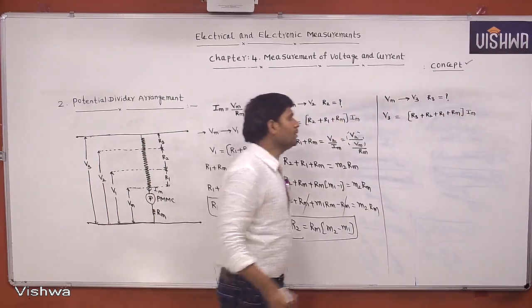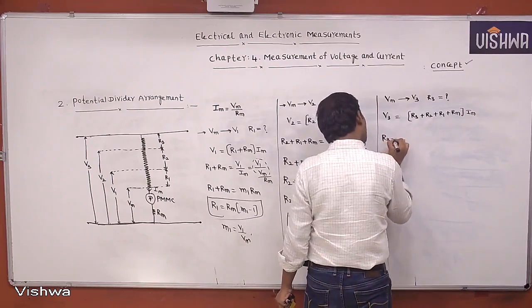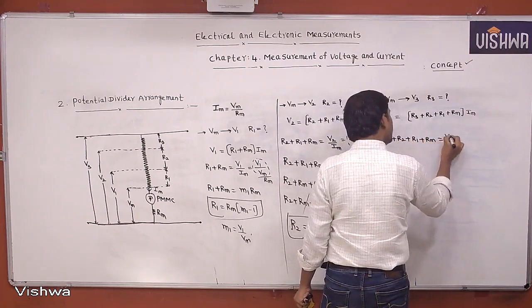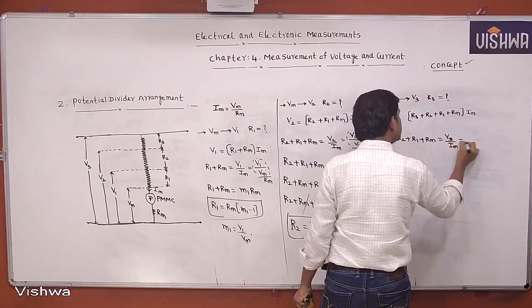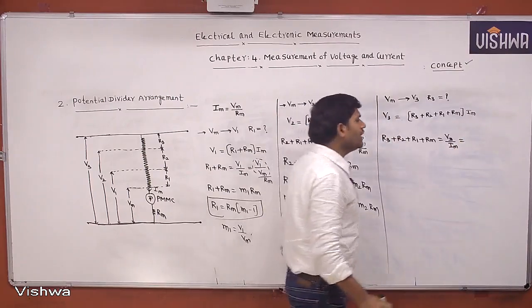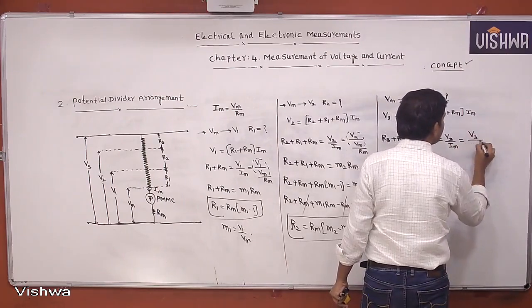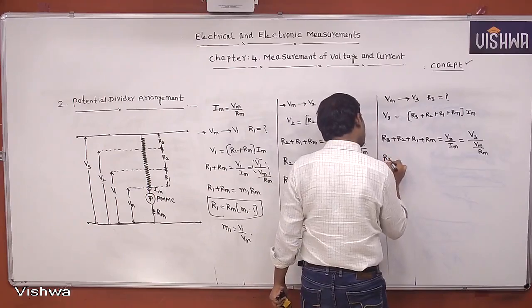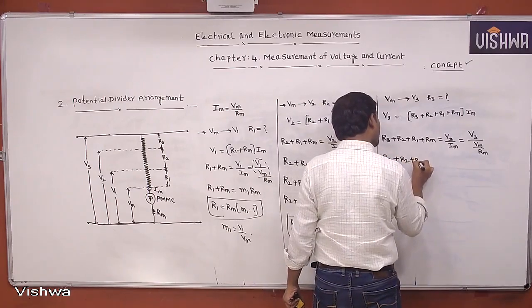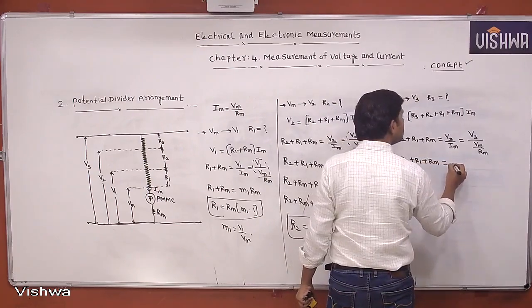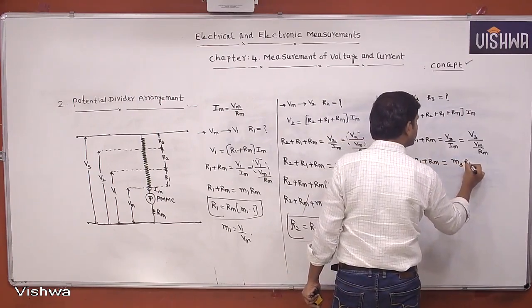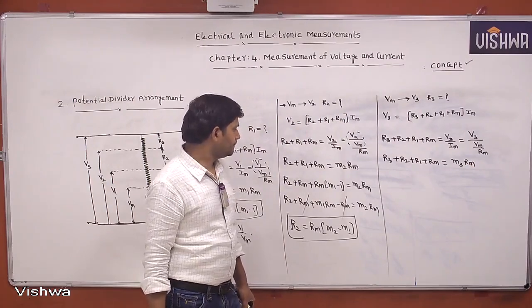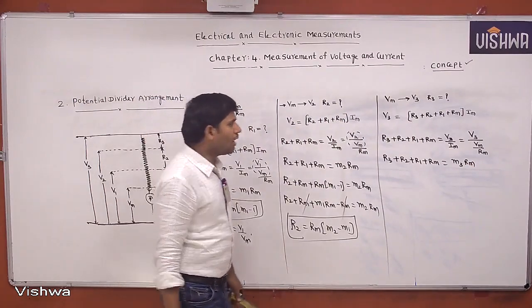Then R3 plus R2 plus R1 plus Rm equals V3 by Im. How to write Im? Vm by Rm. This is V3 by Vm by Rm. Then R3 plus R2 plus R1 plus Rm equals M3 into Rm. Clear?